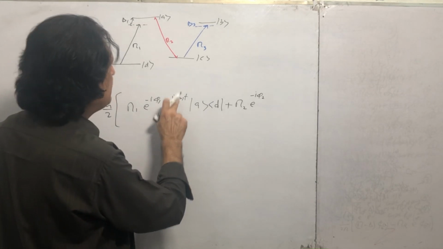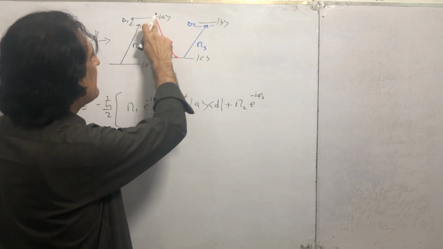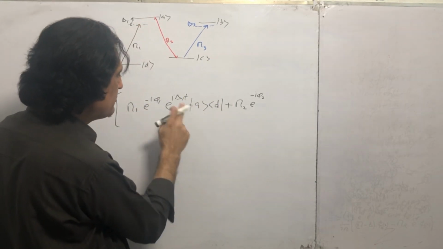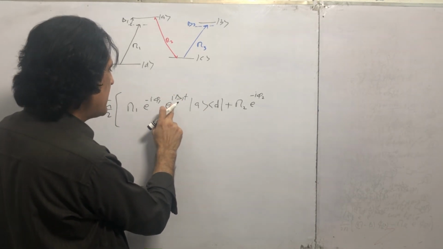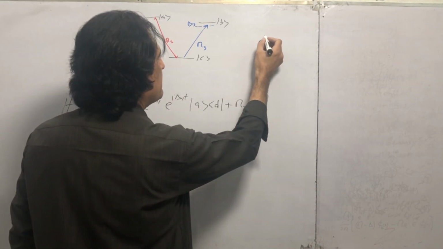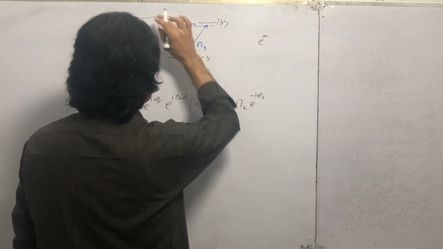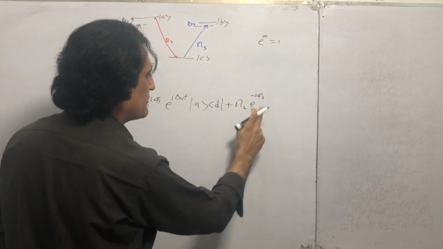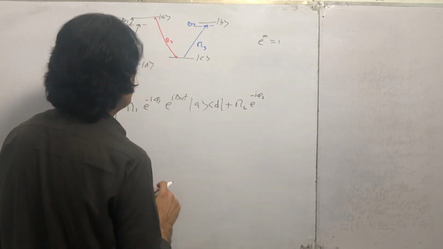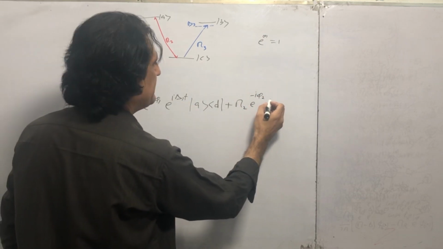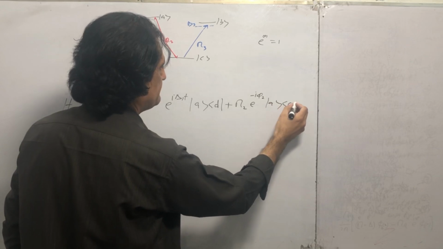So at resonance, Δ2 is equal to 0, then the exponential term will be equal to 1, because e^0 is equal to 1. So there is no need to write the exponential term. And |A><C|.